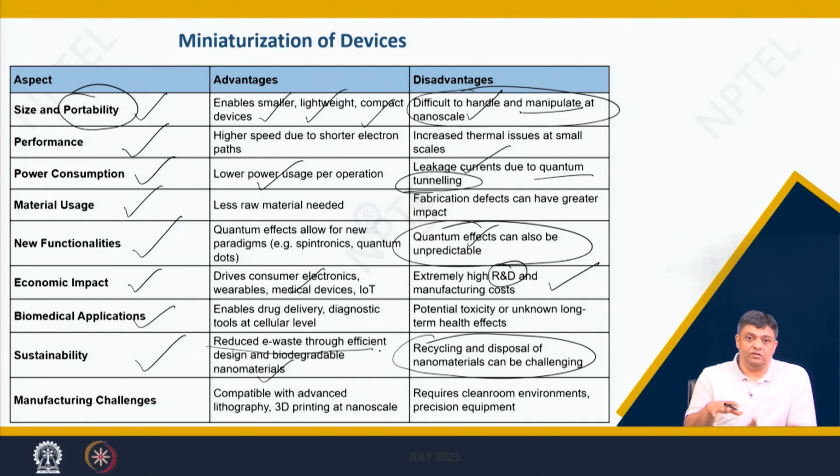Because they are so light, even if you try to sediment them in water, they are actually suspended on top of it. So, how do you take them out from a suspension? Generally, how do we take impurities out of a suspension? You make a solution out of it, let the impurities settle down and decant. You have the impurities at the bottom. But here the nanoparticles being so light, they are hanging or suspended on the top of the water layer. And as we discussed, there are manufacturing challenges.